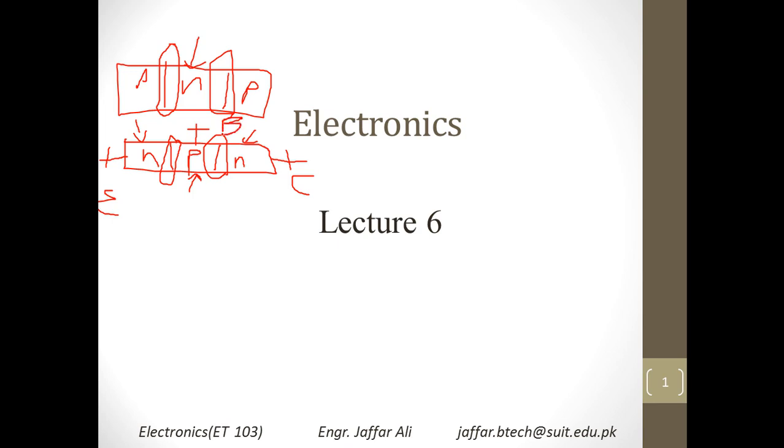We are talking about a kind of transistor that is known as BJT. Transistors are basically classified into two types: BJT and FET, that is field effect transistor. The field effect transistor is further classified into JFET, that is junction field effect transistor, and MOSFET, that is metal oxide semiconductor field effect transistor.